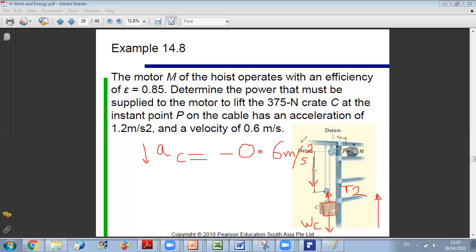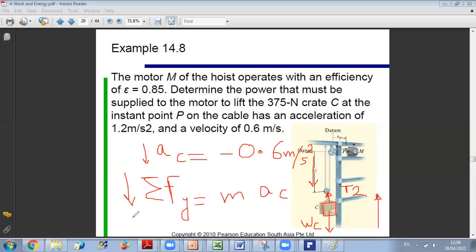Do not confuse yourself. Stay on the same direction. Since I considered SC positive downward, now I will write Newton's law in the downward direction. So the sum of forces along Y equals mass times AC.